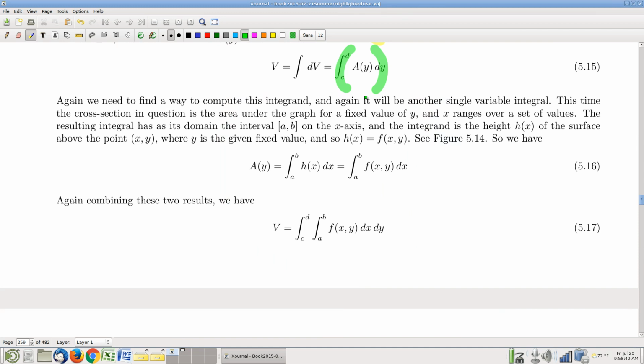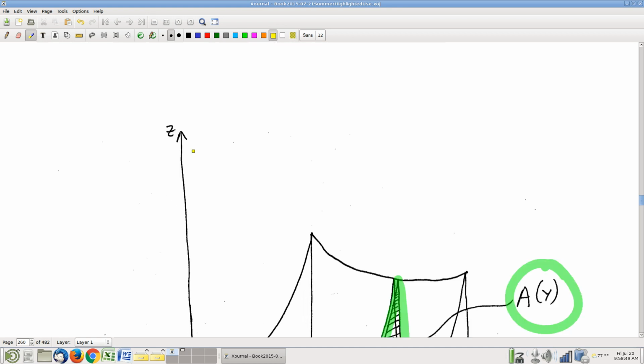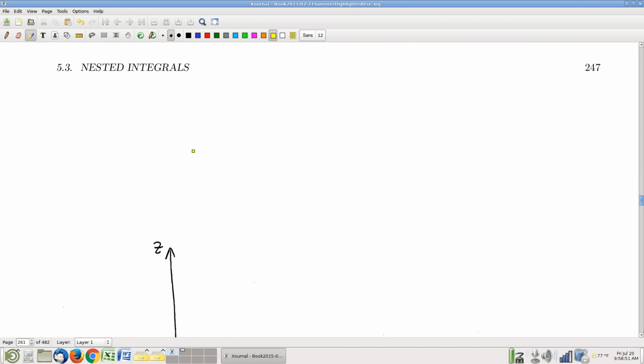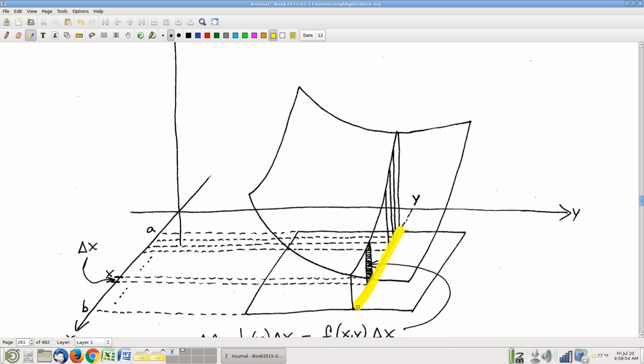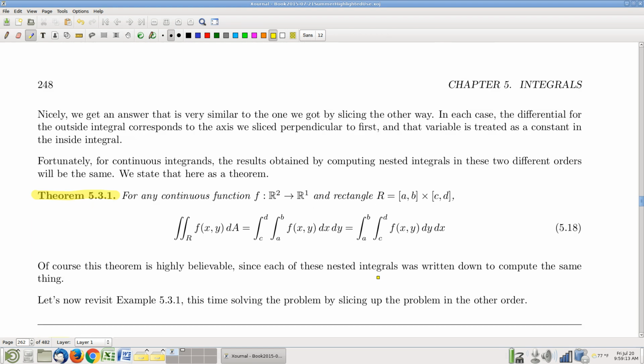Now we're left figuring out, what is this cross-sectional area? What is A of y? Well, no surprise, it's an x integral, computing that cross-sectional area. Y is fixed. X goes from A to B to compute that area. That's the same idea, it's just turned sideways. X instead of y, y instead of x. Different pictures, but you get a believably similar answer.